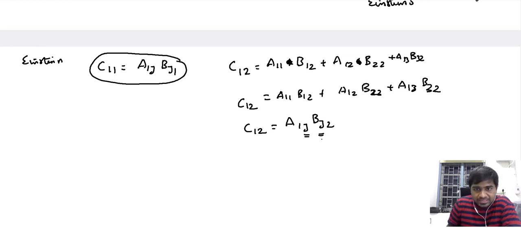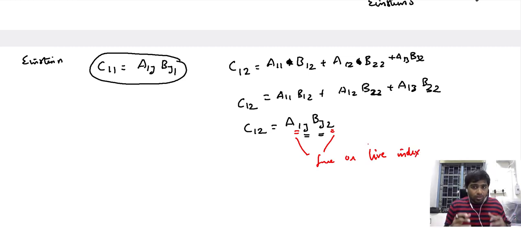So this is the dummy index. The other two indices are what we refer to as the free or the live index.